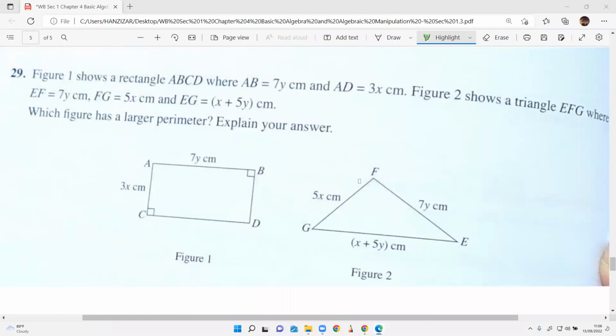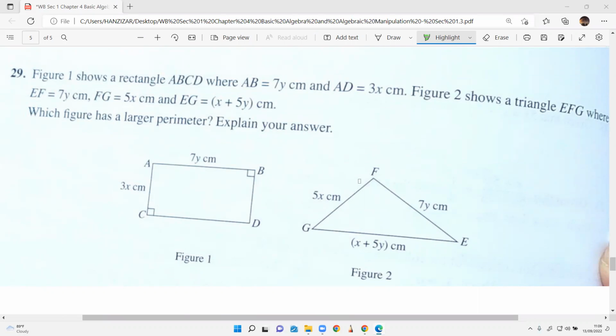Oh, okay. This is hard. Look at number 29. We have two shapes, rectangle and triangle. Look at the question on your book, because I think that this question is too small for you to see.